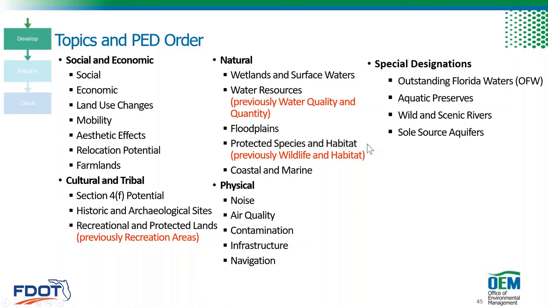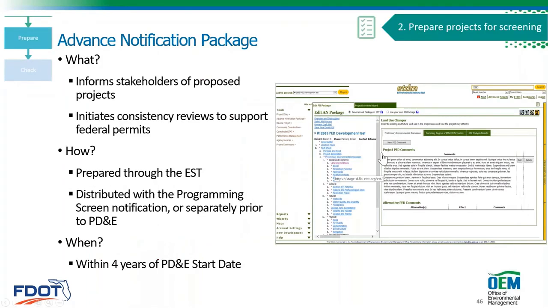So there's that continuity of information going from the very beginning planning stages through PD&E. So what is the advanced notification package? This is our way of informing our stakeholders of our project. It is required both by federal and state rules, so we have to do it regardless of whether it's a federal or state project.